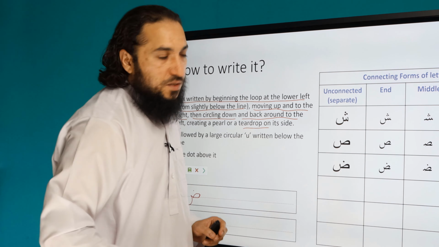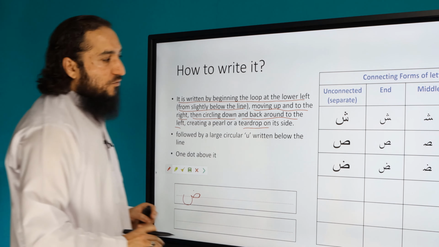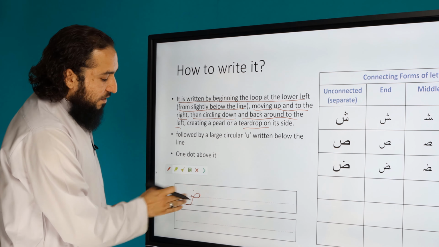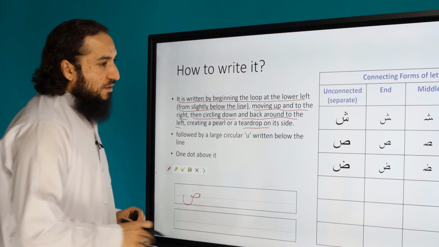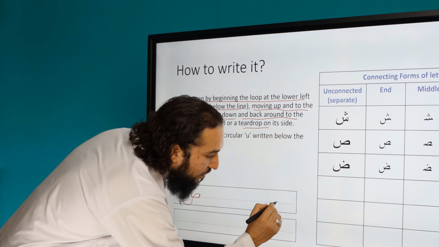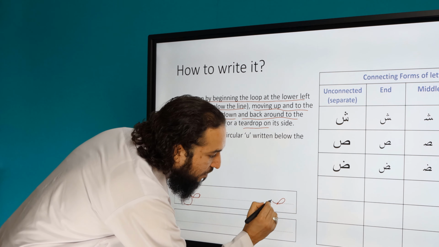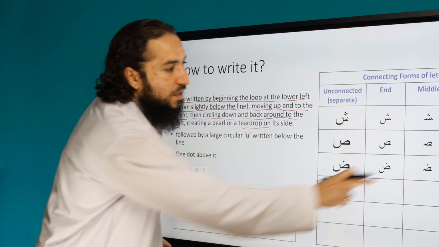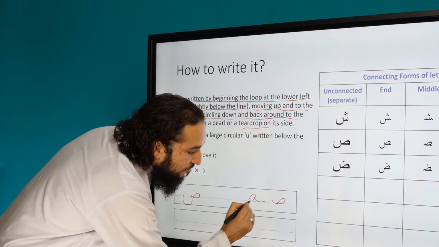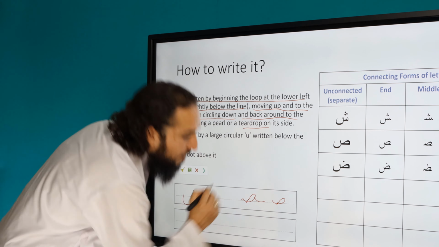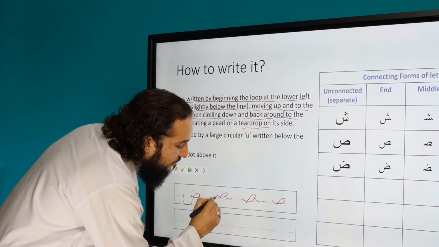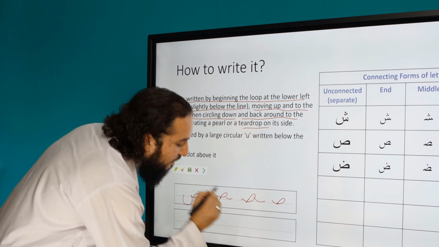One dot above it. That's how it is written. And if we want to write other forms, you see the first part is on the top of the line and the other one is under the line. So other forms would be, if it comes in the beginning of a word, it looks like this. If it is in the middle, here, and if it comes at the end, okay.